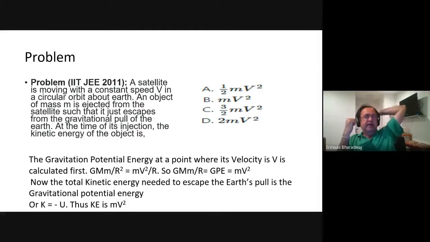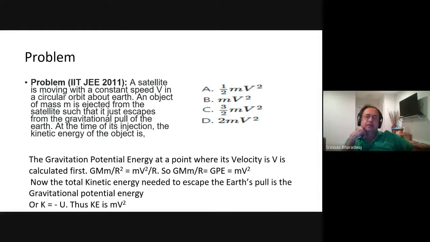Okay, a satellite is moving with a constant velocity v in a circular orbit. An object of mass m is ejected from the satellite such that it just escapes from the Earth's pull. At the time of its ejection, the kinetic energy of the object is... The gravitational potential energy is what, right? GMm by r.